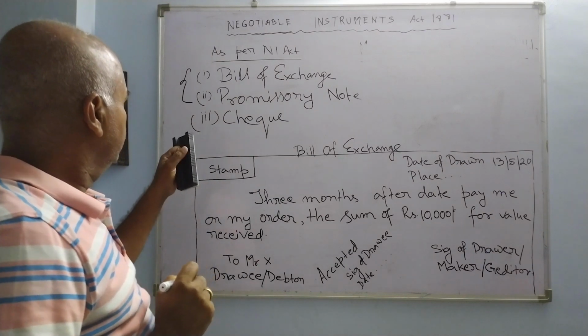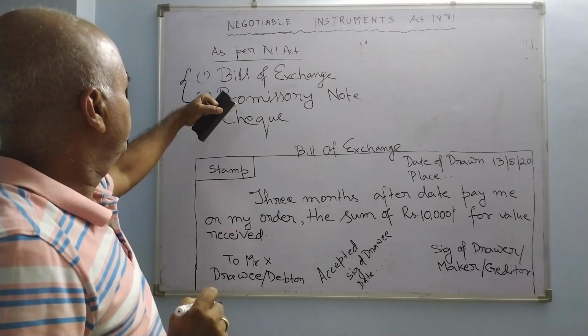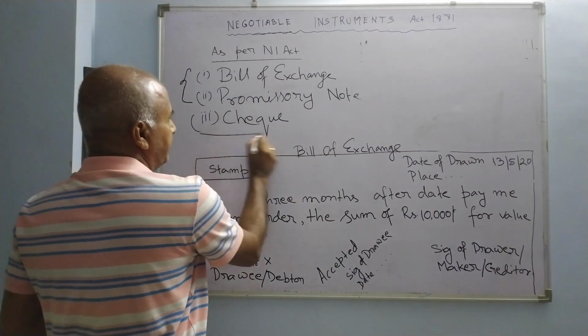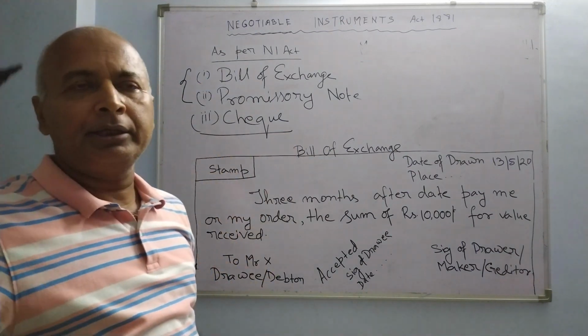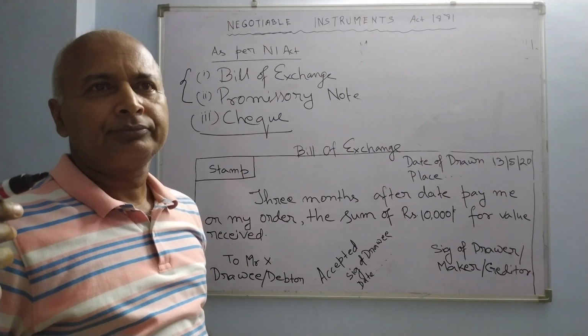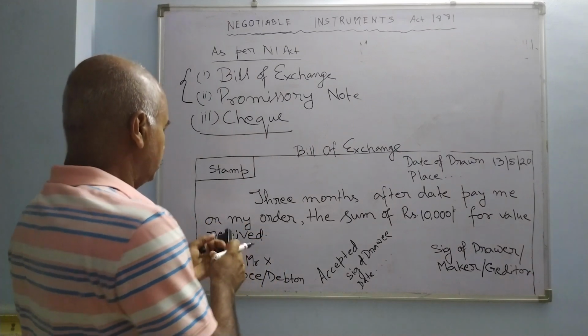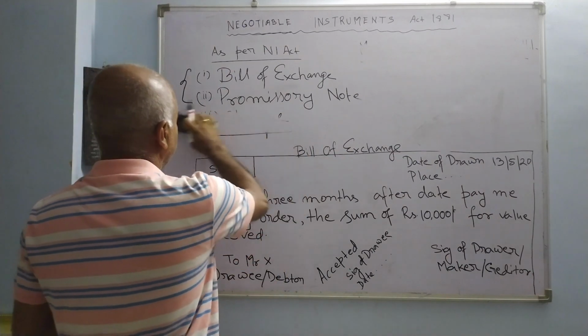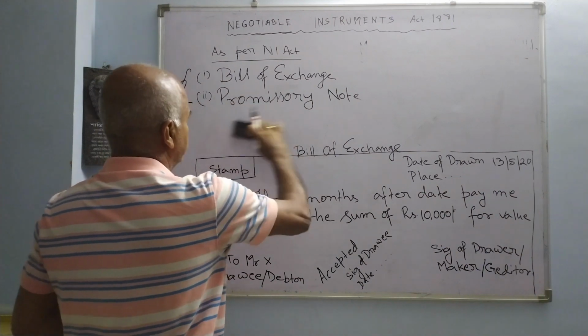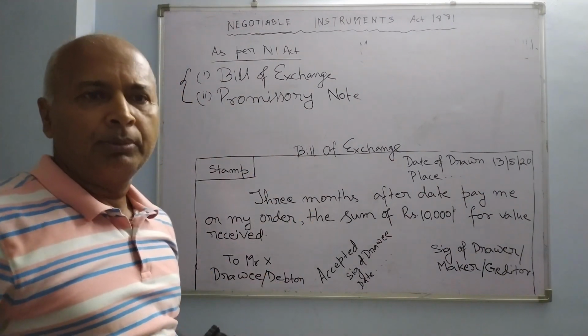Today we will discuss these two points, and the check will be discussed in another independent class in detail. So let me erase the check. We will discuss today the bill of exchange and promissory note.